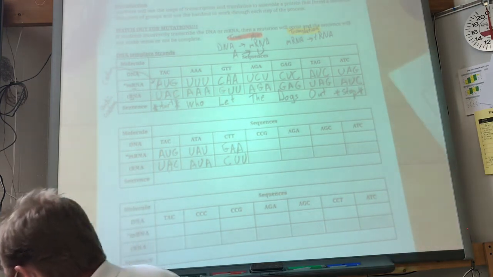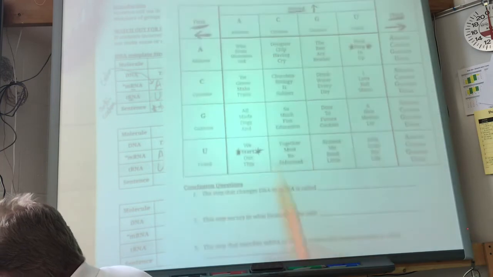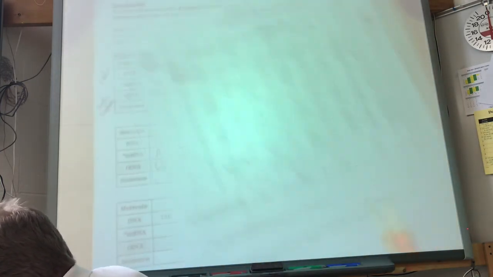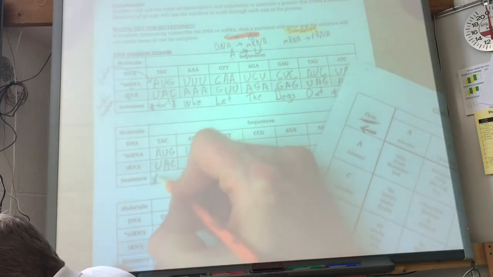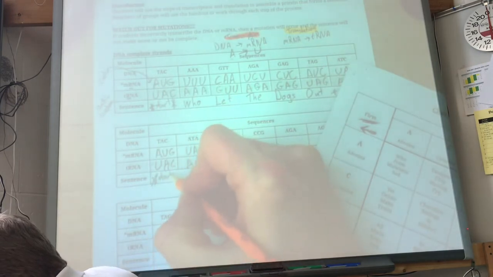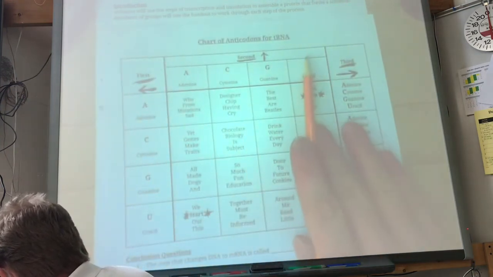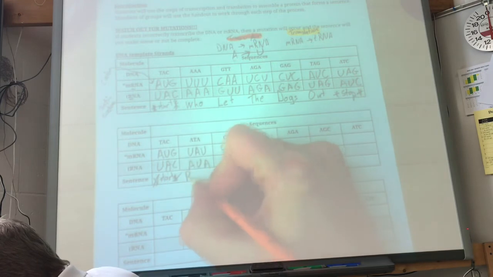Let's quickly code the first three words together. UAC says start. AUA says what? Rock.